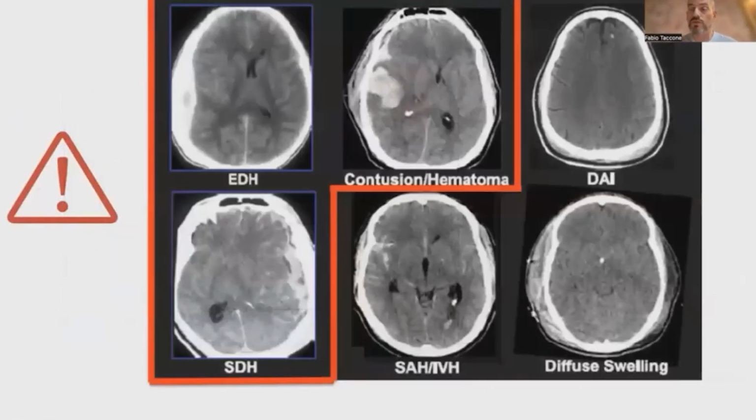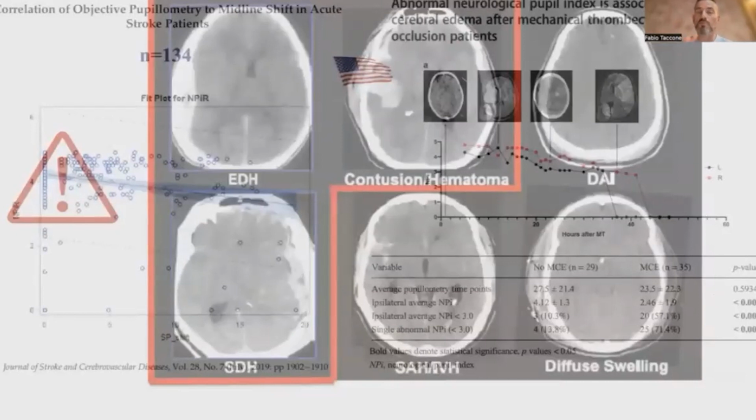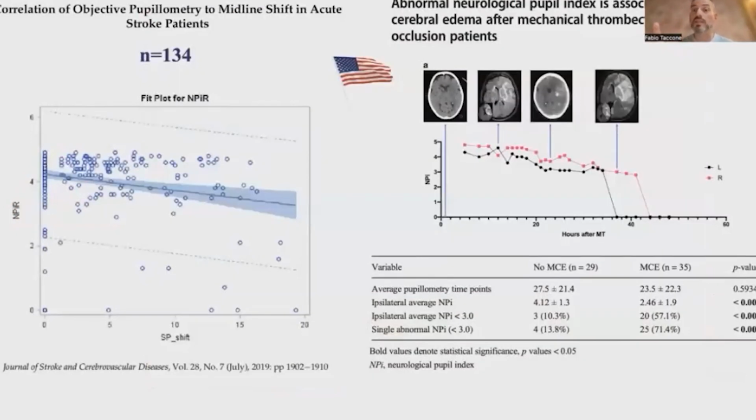It could be used in the future, of course, to assess whether that level of ICP is tolerated by the brain, because a level of ICP of 17 may not have the same tolerance if you have diffuse injury or focal injury. And several papers have shown, for example, when there is a midline shift, either due to brain edema or to initial ischemic stroke, there is an association between the highest midline shift and the most alteration in the NPI.